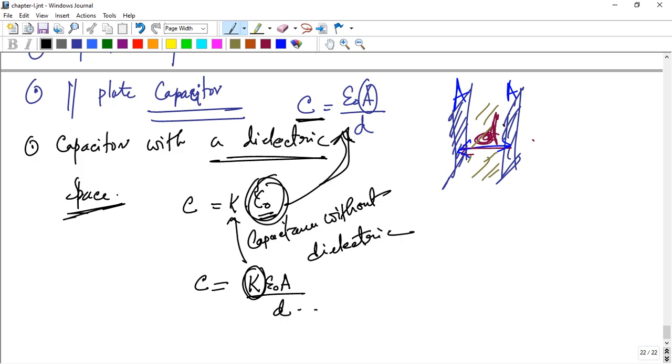If a dielectric is partially inserted, the capacitance changes based on the configuration, depending on the material.